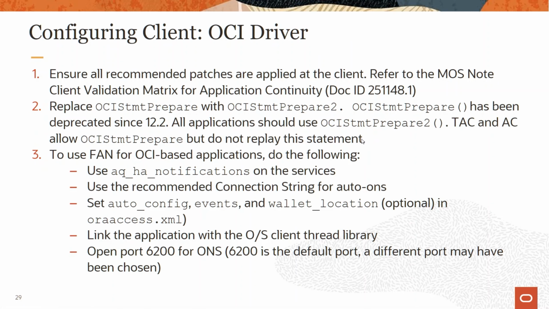Also, if your connection is an OCI driver or OCI client, the same thing: you have to review the client validation metrics for application continuity, replace OCI statement prepare with OCI statement prepare 2, and to use FAN for an OCI based application, you will have to use the advanced queue high availability notification on the service. That's your database side.